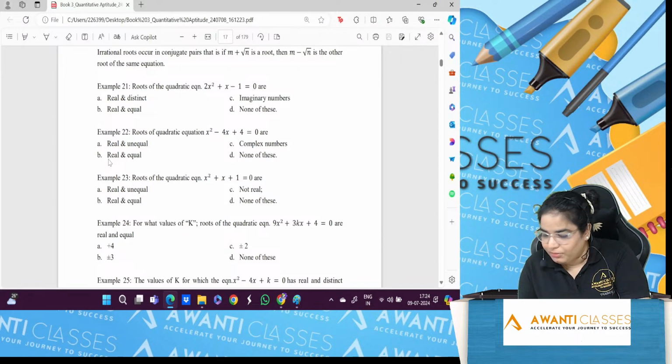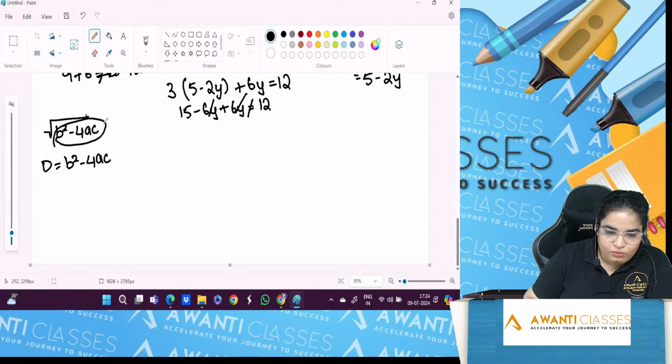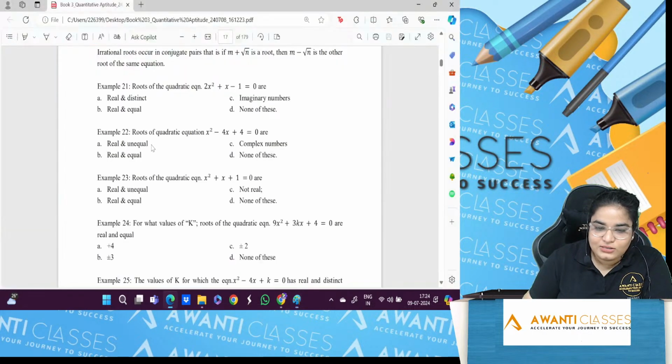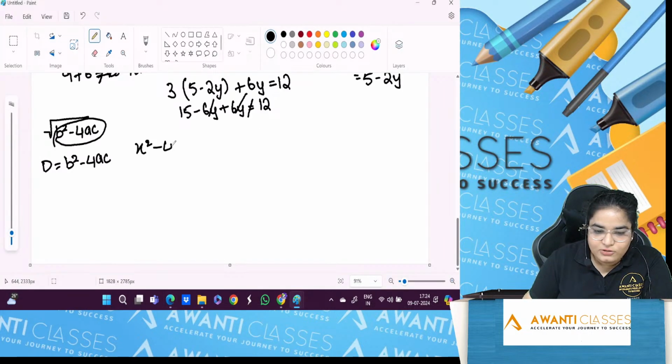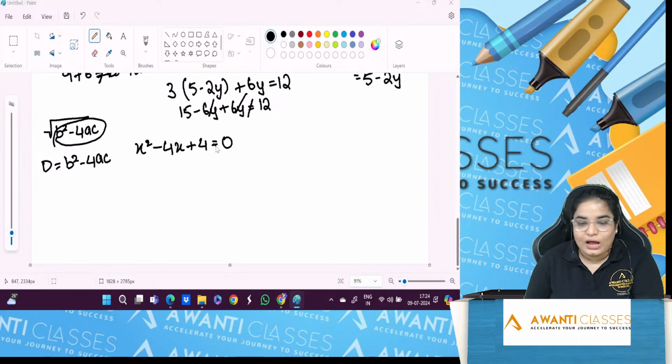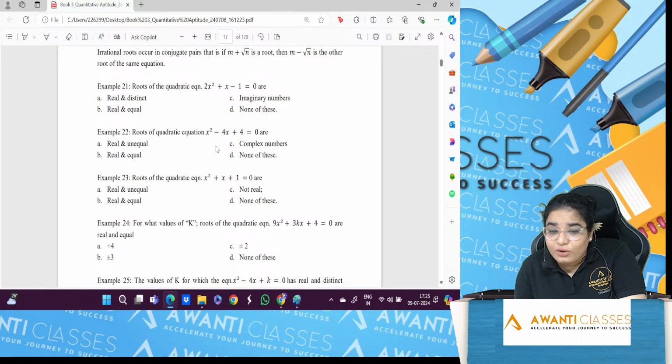In this question, it is very simple. Look at question number 22 on page number 17. What does it say? It says x square minus 4x plus 4 is equal to 0. Are they asking for roots of the equation?